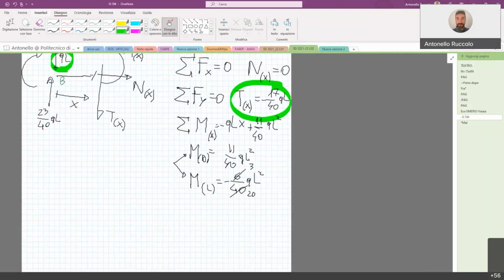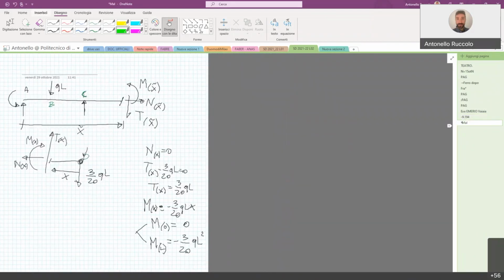So when we compute, and then we draw the plots of the bending moments, and you have the plots of the bending moments in the slides, you can check that there is no discontinuity unless you have an external force applied. Okay, so far so good.